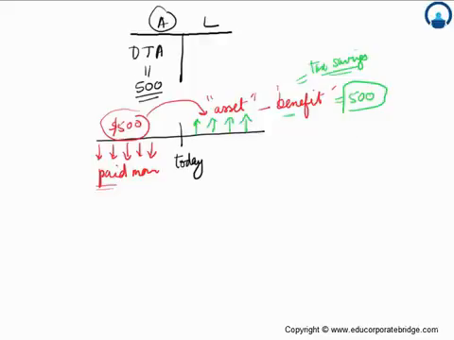Now let's take a scenario where, instead of 500, the benefits are only limited to 400, as in we now know for sure that we will not be able to recoup whatever we have paid more, and we will be able to recoup only 400.